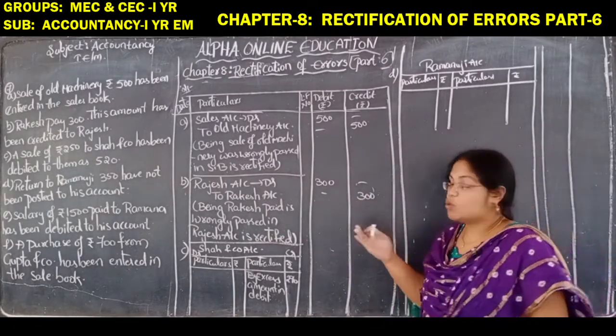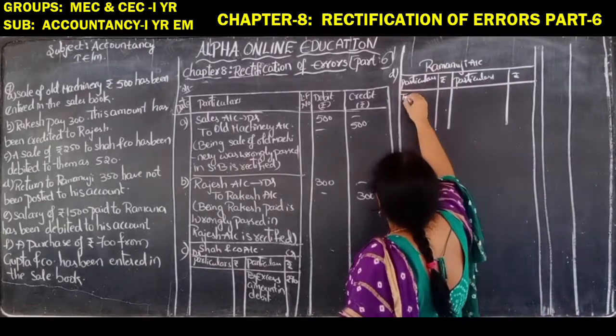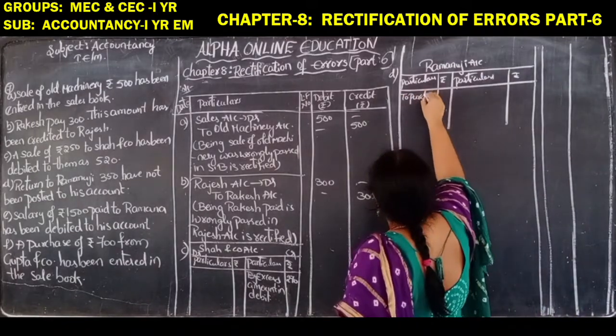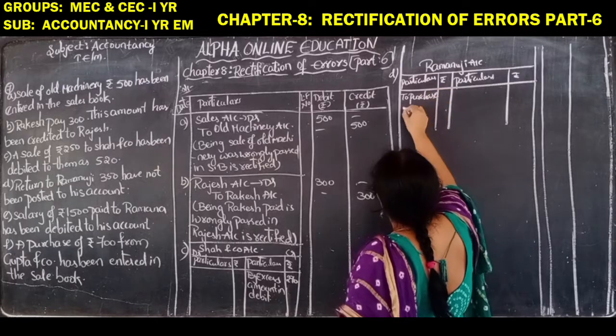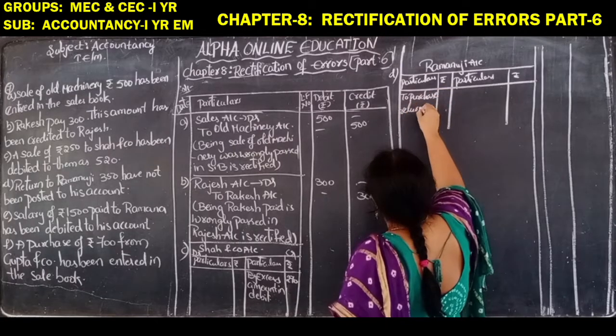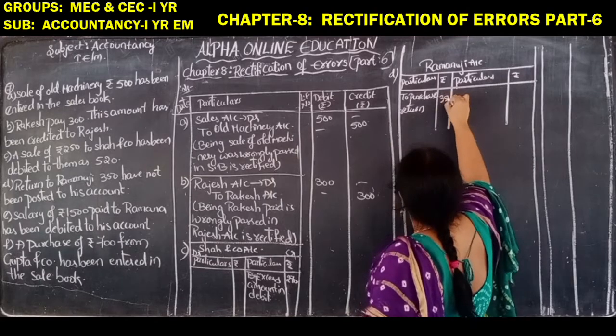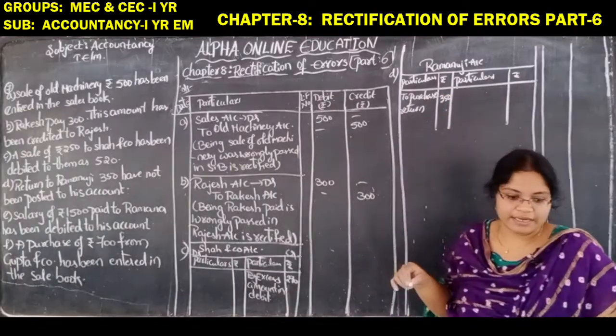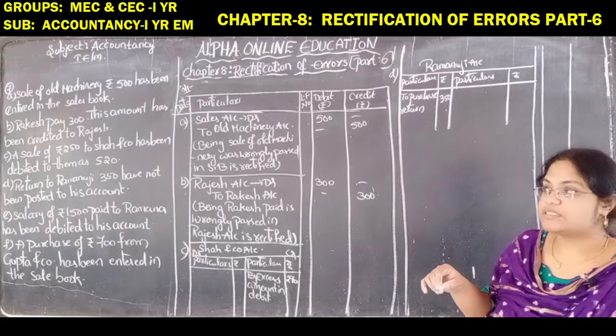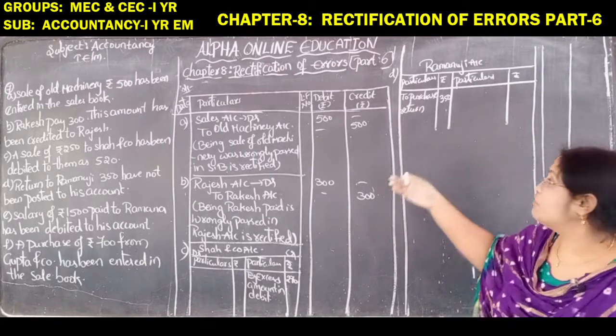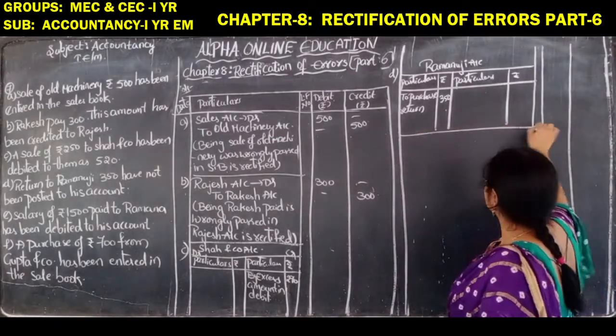So now we will post it to purchase return. To purchase return, how much is it? 350 rupees is the purchase returns. They are not entered. We are entering those things. That's it. It is very simple.